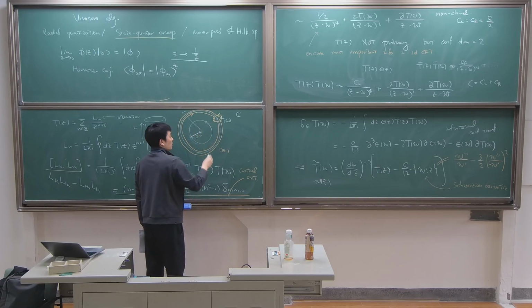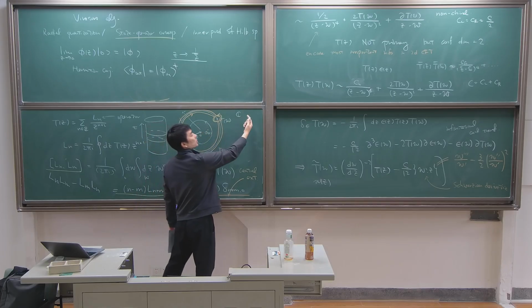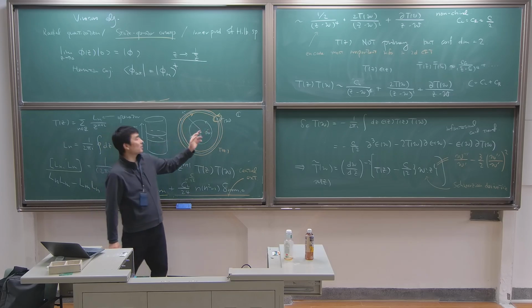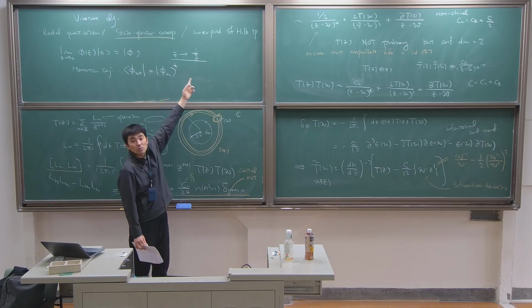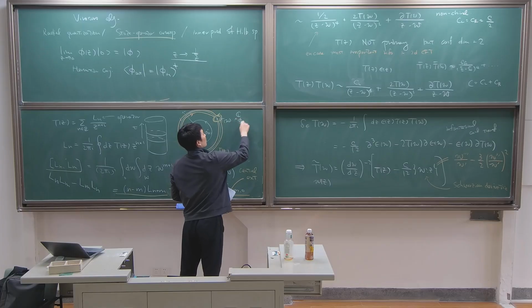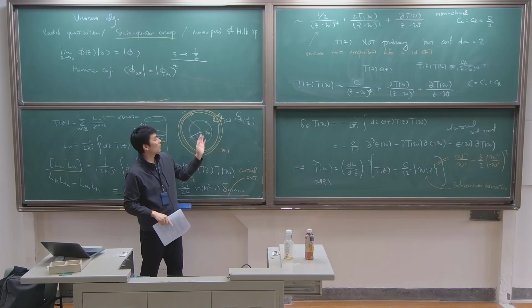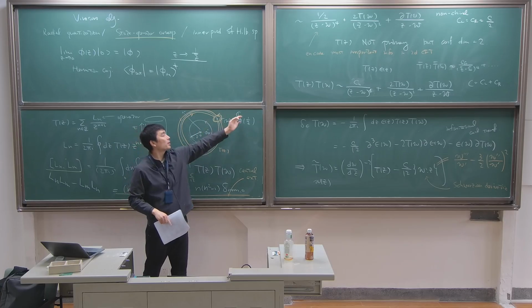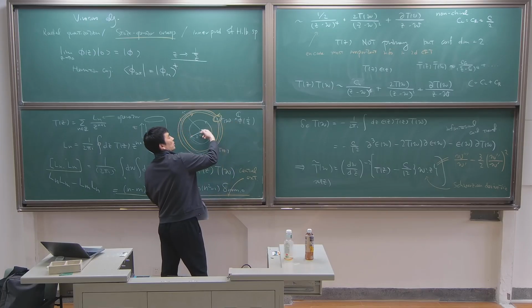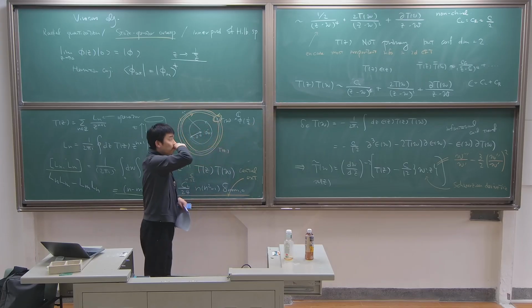If you have a phi here, phi of z here, you just map it to the opposite one. If z approaches 0, then z equals 1 over z bar, the opposite point, so this is phi of 1 over z bar, just the conjugate of this operator. Once z approaches 0, it just goes to infinity.